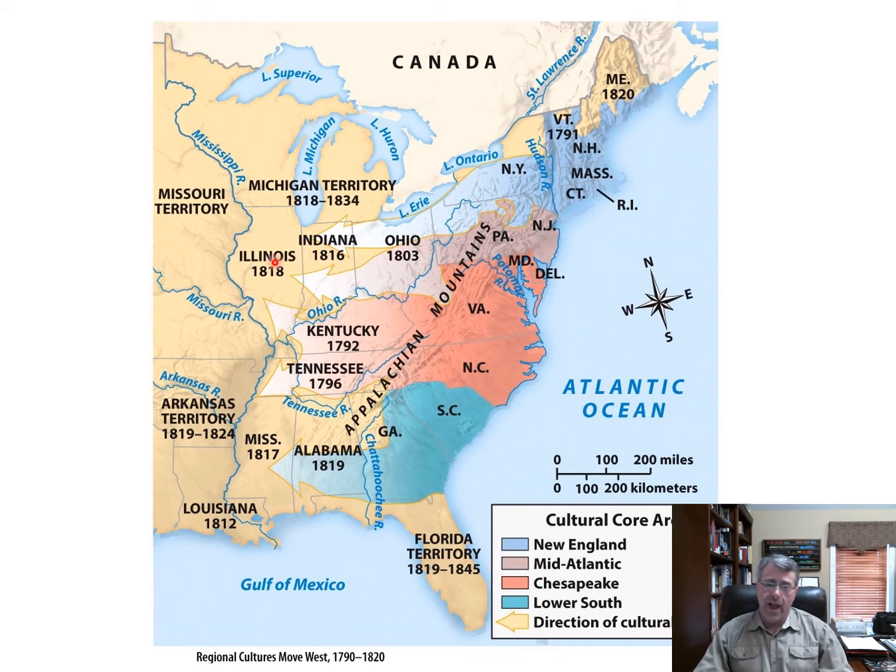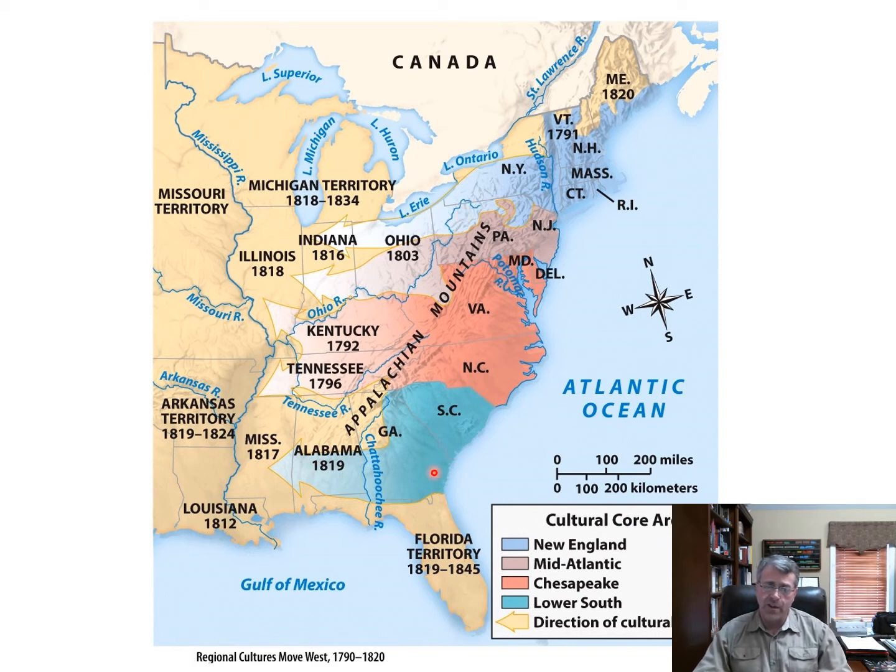As new states are added on the frontier, they will send representatives to Congress, and our federal government will start to reflect the regional differences in the country. So when we think in terms of regional agendas, in the north we'll see an emphasis on commerce and trade and industry.